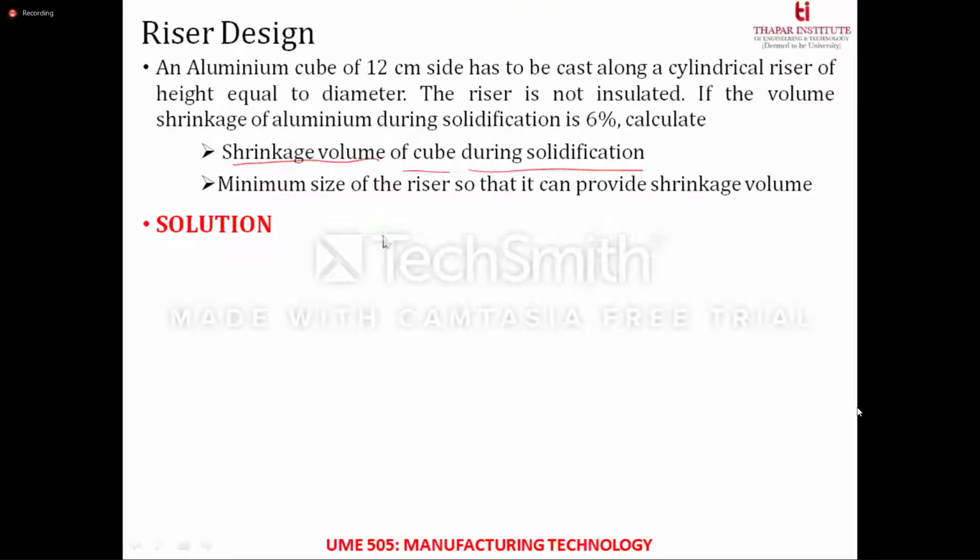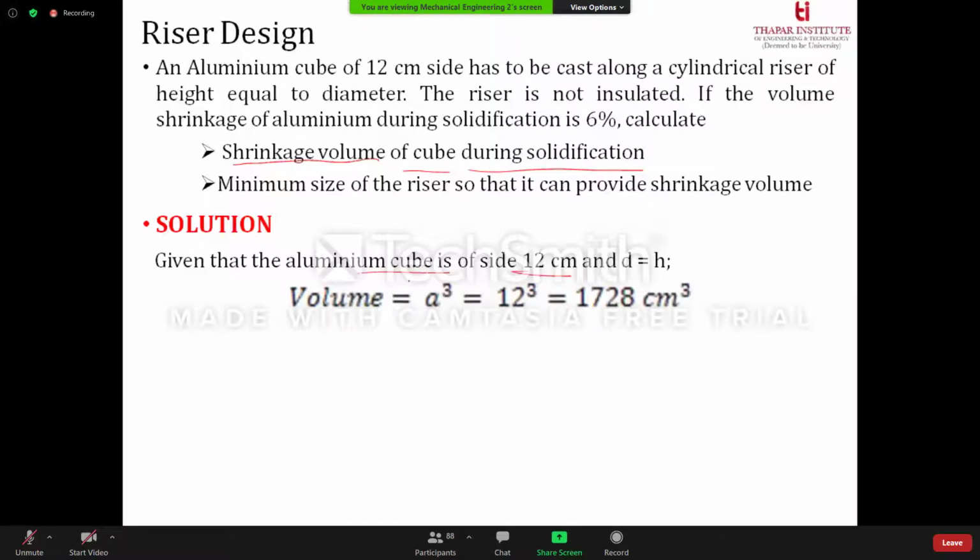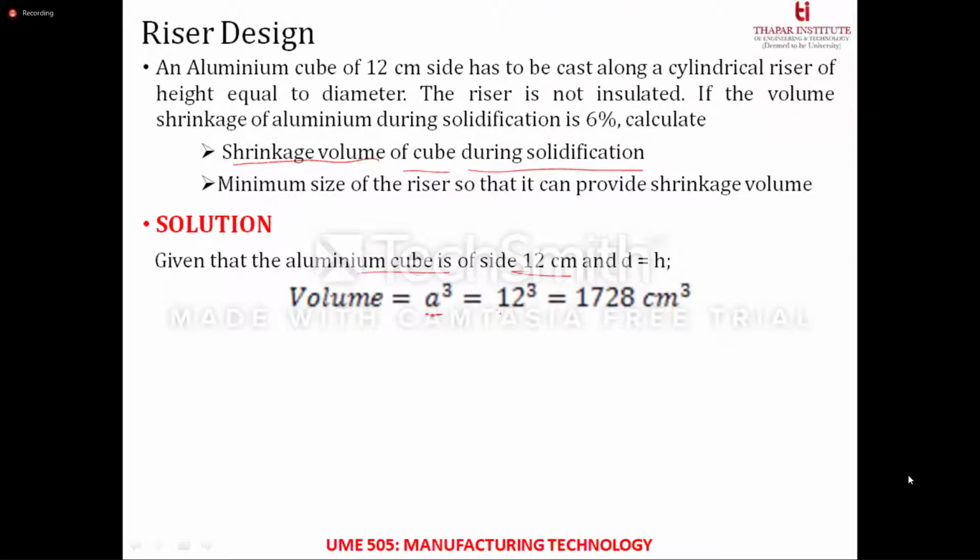First of all, the cube has a side of 12 centimeters. So what is the volume of this cube? The volume is side cubed, that is 12 cubed, which is 1728 cubic centimeters. This is the total volume of the cube.